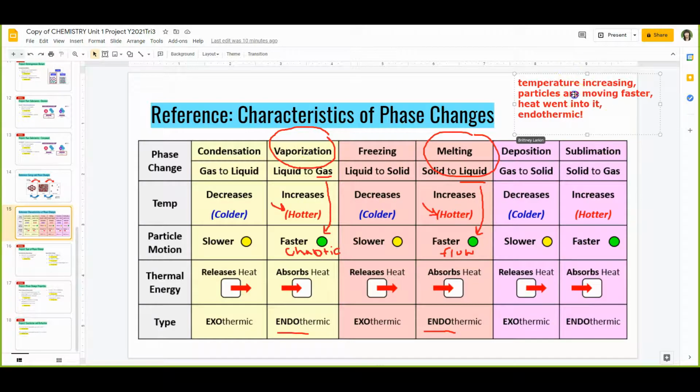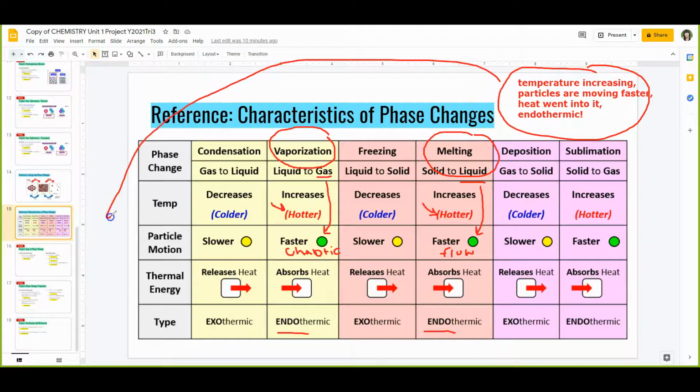Regardless of which process you use, the same concept is true. Temperature increases, particles move faster, heat went in, making it endothermic. Heat enters, endothermic. Make sure you take a picture of this because it will help you on your next slide. This is going to be our answer for, I believe, slide number 12. So make sure you have a picture of that, okay?